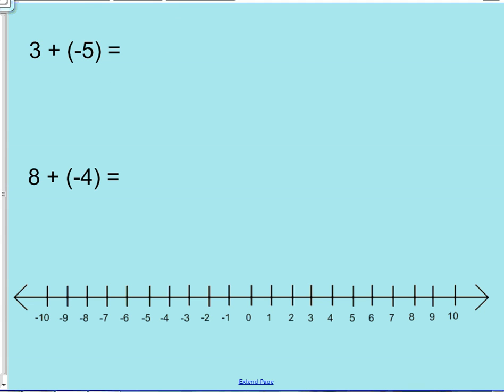And adding integers basically has to do with the number line a lot. So if we take this first example, we have 3 plus negative 5. So we can actually start at 3 on our number line. When we normally add two positive numbers, we keep getting more positive.